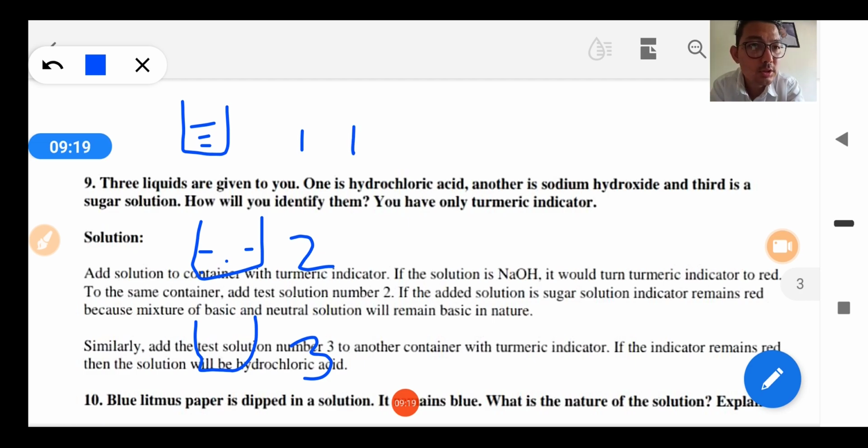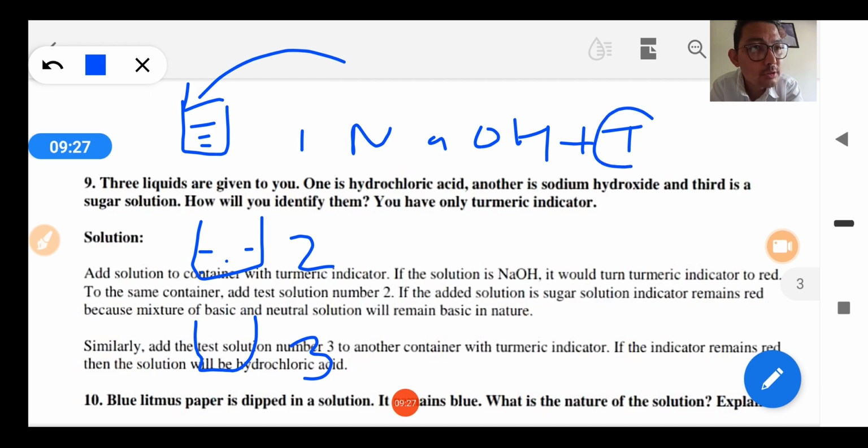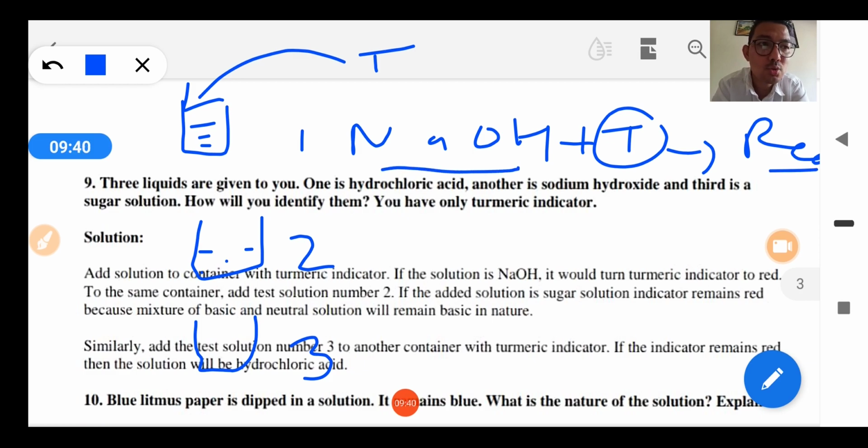Okay, so in this we are taking NaOH, and in this solution when we add turmeric solution, then what color will be formed? Red color will be formed, because we have studied that turmeric in the basic solution gives rise to red color. Now we got to know that sodium hydroxide is basic in nature.